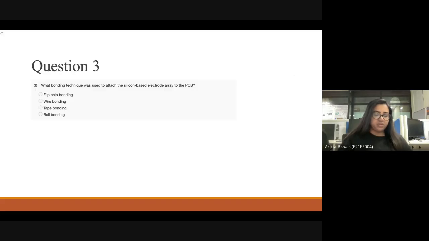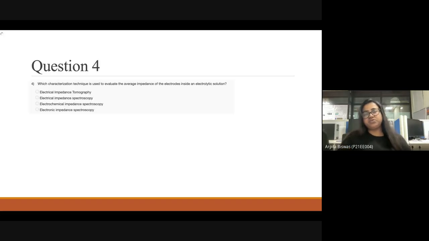So the right option is wire bonding, option B. Okay. Next move to question number 4. Which characterization technique is used to evaluate the average impedance of the electrode inside an electrolytic solution?